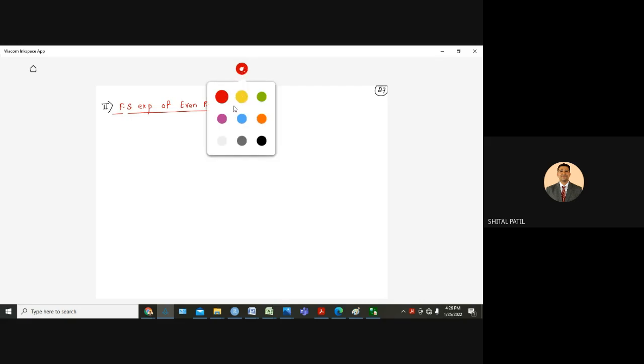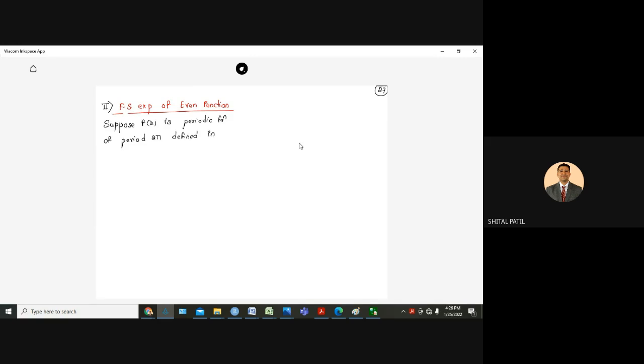Now suppose f of x is a periodic function of period 2 pi defined in, now see the interval of definition should be like this, minus pi to pi. The midpoint of the interval should be x equal to 0.